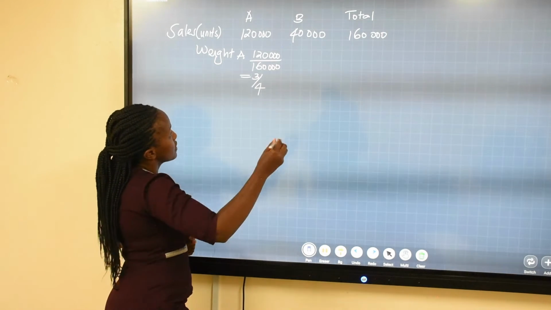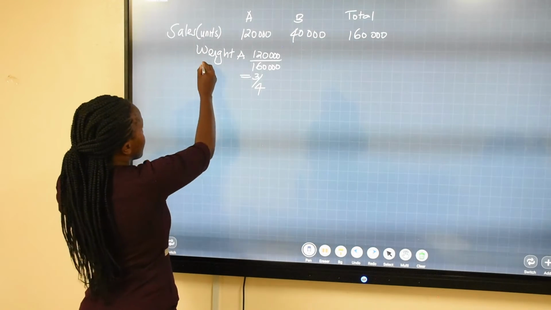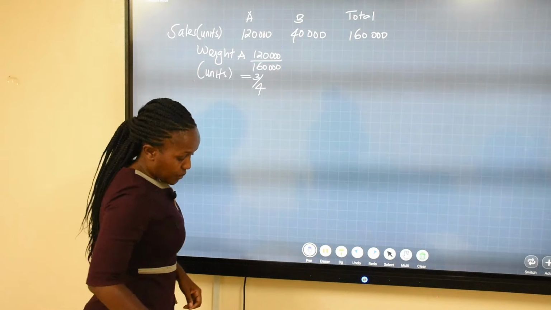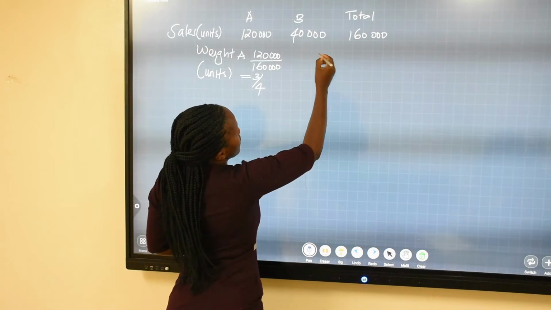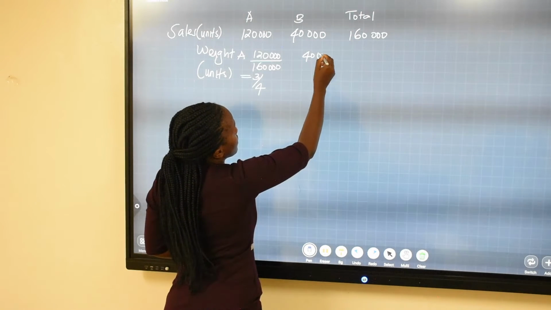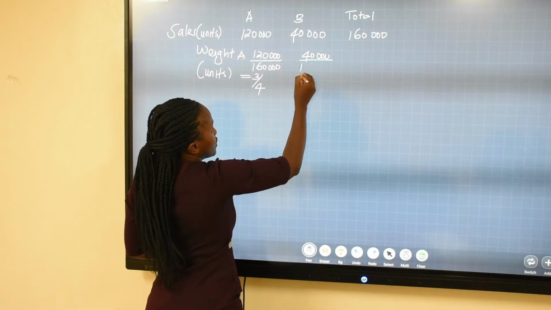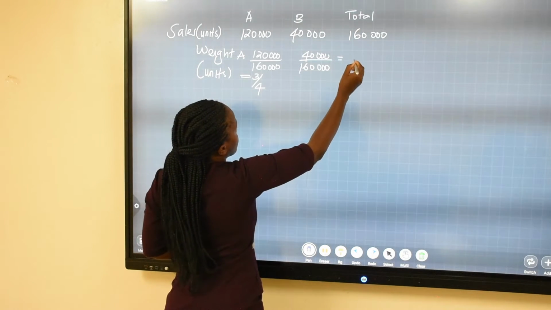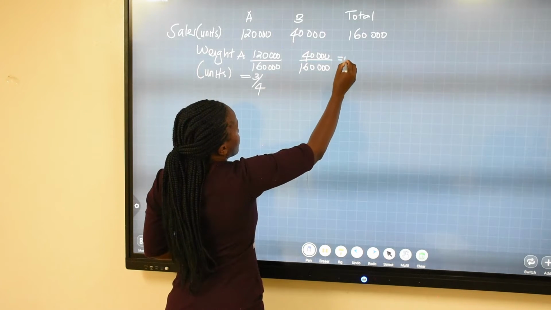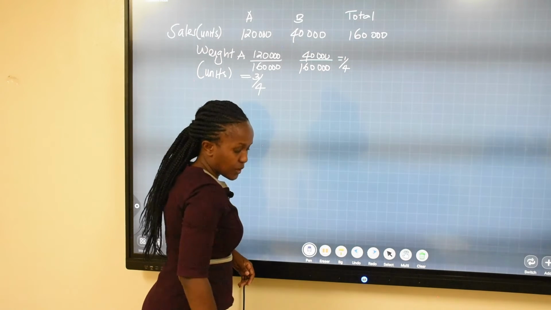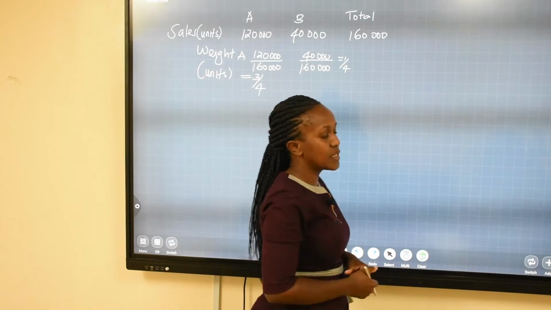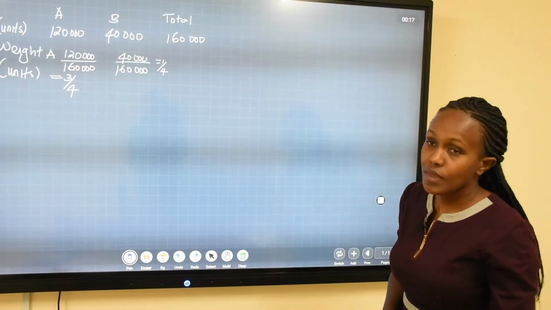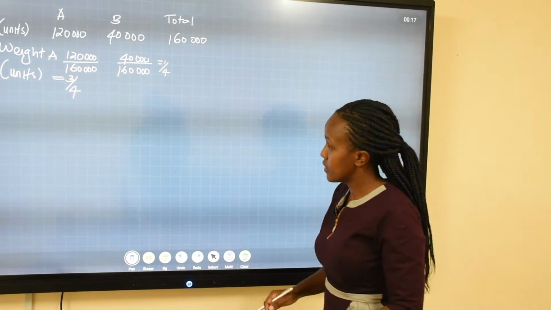The weight of B, this is the weight in units, is going to be 40,000 divided by the total, which is 160,000. And this is going to be a quarter. Those are the weights of our two products, that is the weight of A and the weight of B.